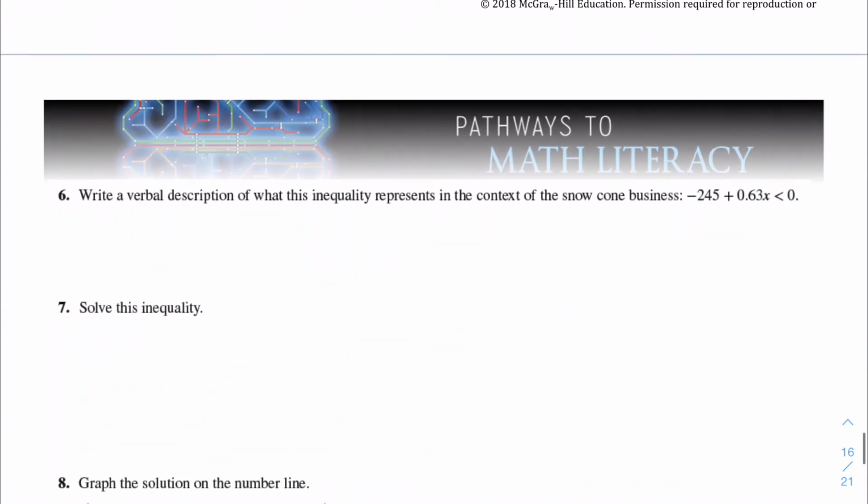Now, if we look at a different inequality, we're going to try to figure out what this means. We've got negative 245 plus 0.63x. That's exactly this profit function. So this means the profit is less than 0.